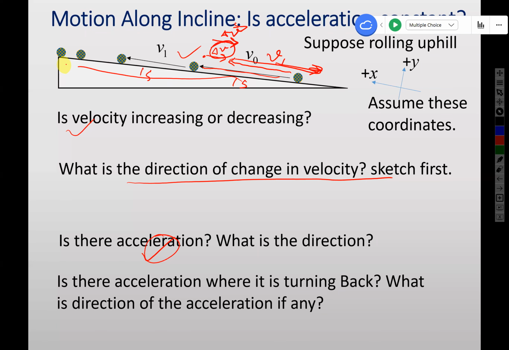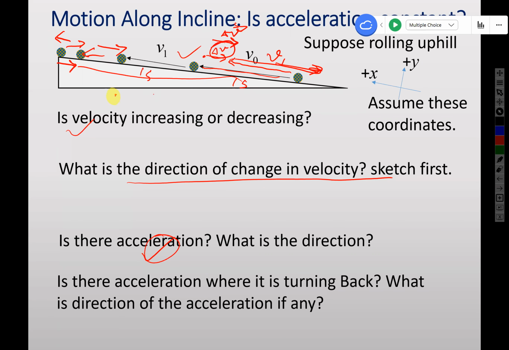Is there acceleration where it is turning back? So it goes there, and then it starts coming back down. So velocity was in this direction, and velocity goes in that direction. So there is a change in velocity.